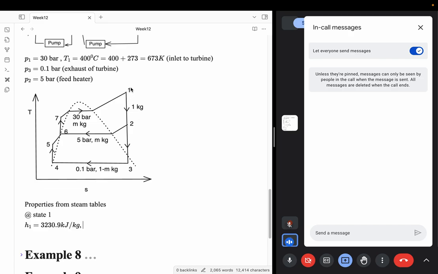First we will calculate H1, this state will be known. For calculating properties at state 2 and state 3, all we need to do is, this is an isentropic process. So you'll calculate the entropy here, and equate that with the entropy at 5 bar pressure, and then calculate the enthalpy. So I need to know the entropy at state 1, that is S1. If you look up the table, it is in the superheated region, so it will be 6.921 kilojoule per kg Kelvin.